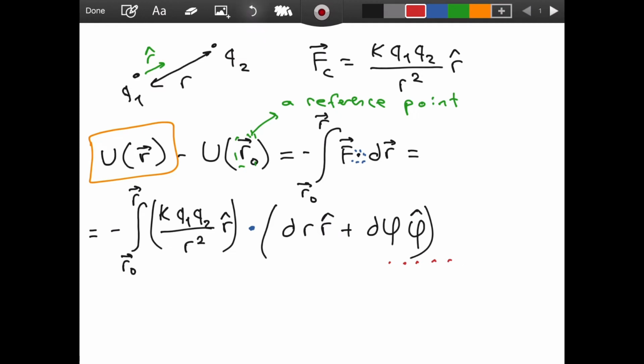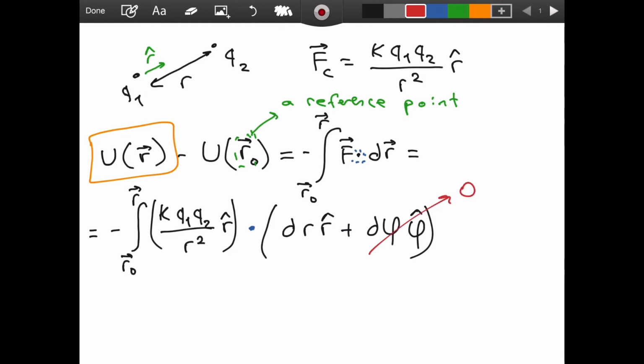And since we have a dot product in between, there will be a cosine of 90 degrees factor, which is 0. So every direction gets cancelled. Only r hat and r hat survives. Please notice this. Since the tangential and radial directions are perpendicular, this also goes to 0.